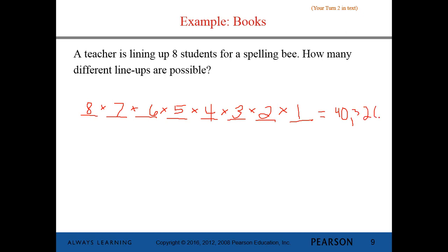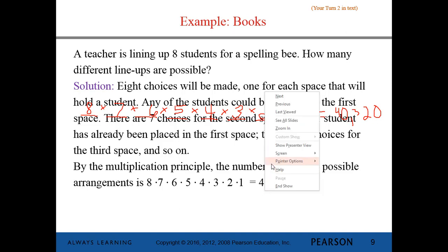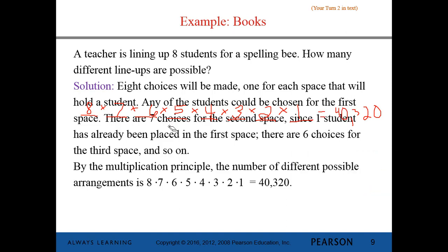Now there is another way we could do this, and we're going to introduce a new symbol. Oops, hold on.